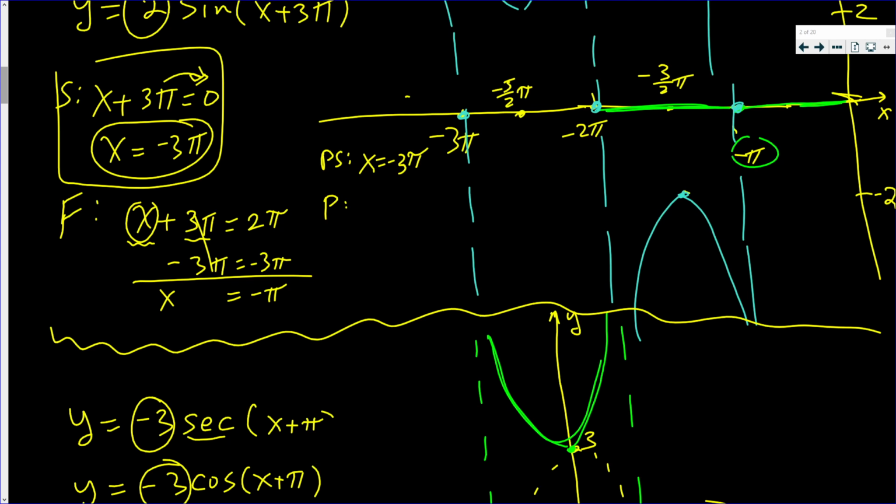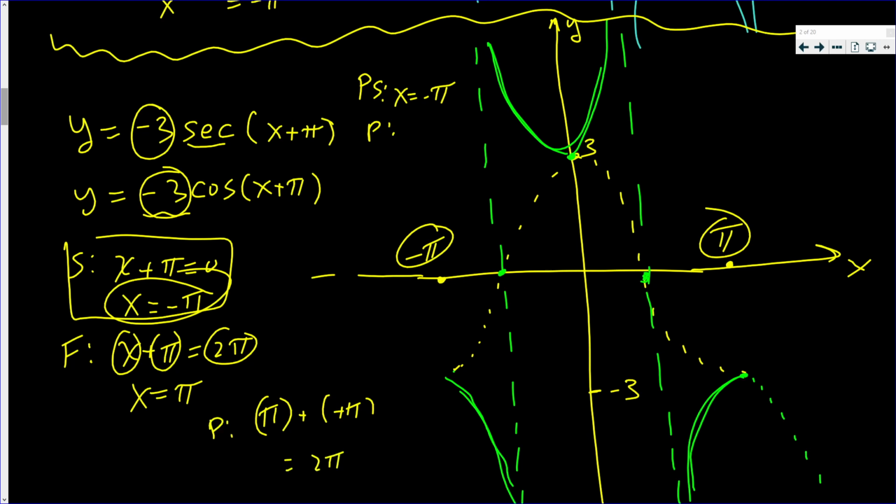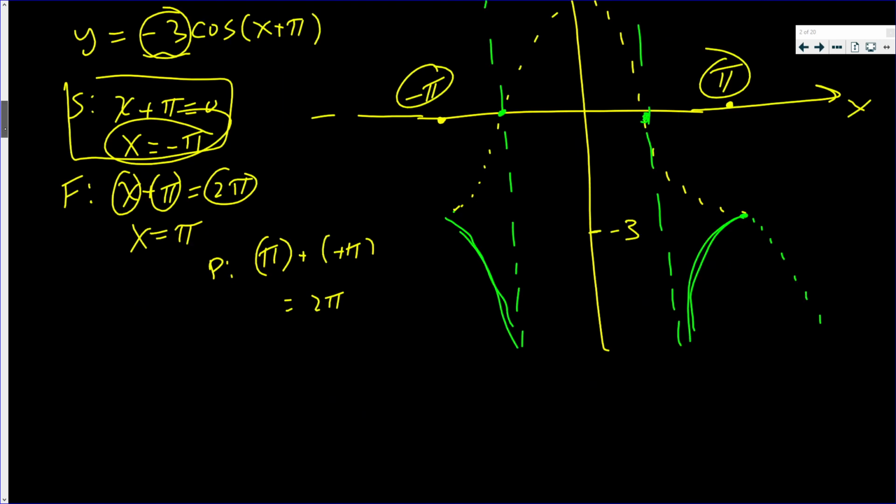The period is the finish minus the start, and that's 2 pi. In this problem, the phase shift is where it starts. X equals where one period starts. And the period is the finish minus the start, which is 2 pi. So the period is 2 pi.